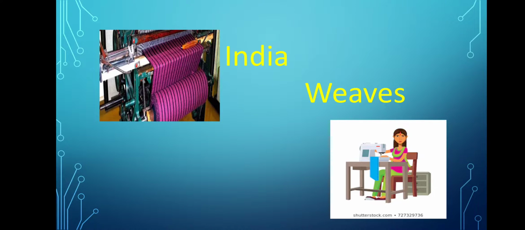That means we are going to study about the dress or about the clothes that the people of India wear in different states. We have read before that in different states there are different kinds of clothes that are worn by women and men. Let's proceed.